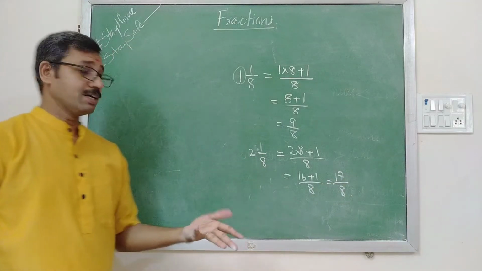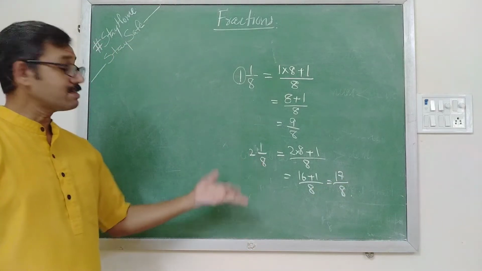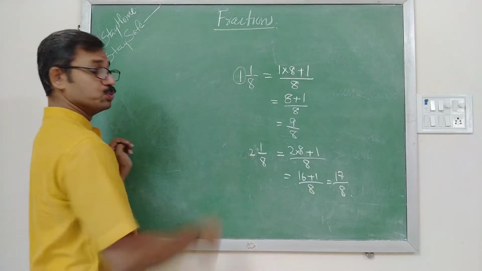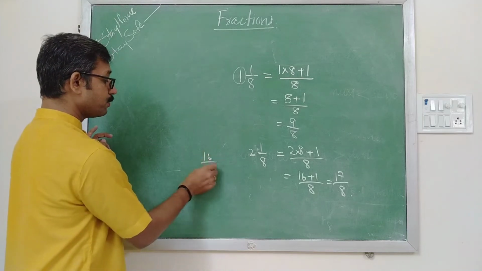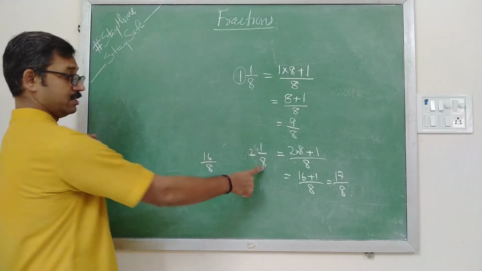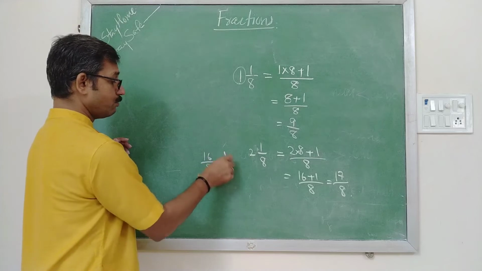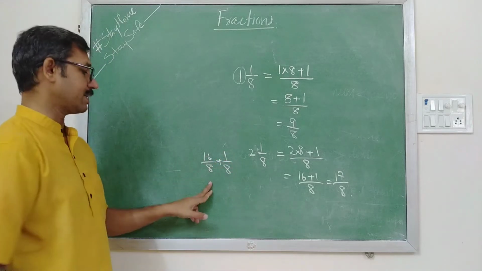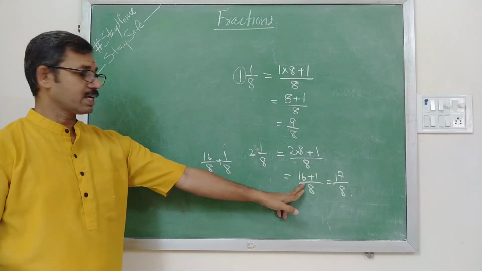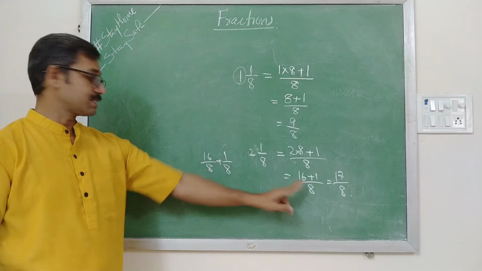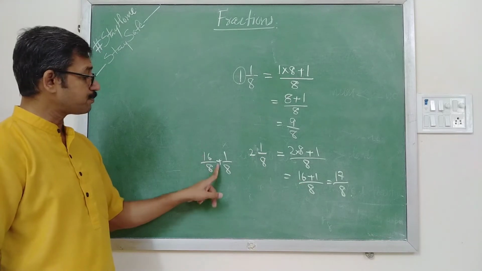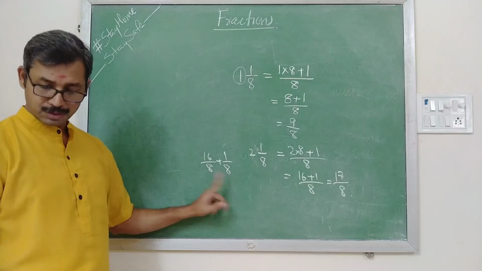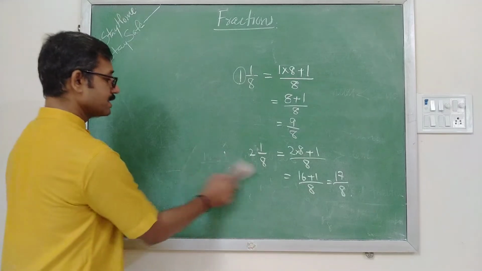In another way, what is the 2 actually? You can write the 2 as 16 upon 8, the denominator we are telling, plus 1 upon 8. Actually it is like this. So here also we are getting the same one. Understand? Actually the meaning of this is 16 upon 8 plus 1 upon 8. So this is the conversion.